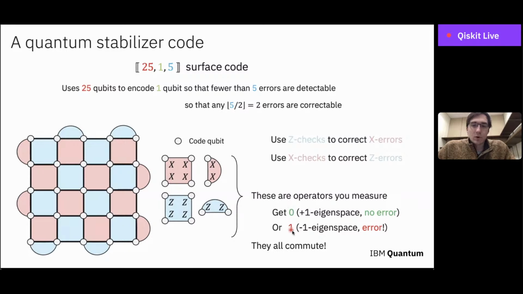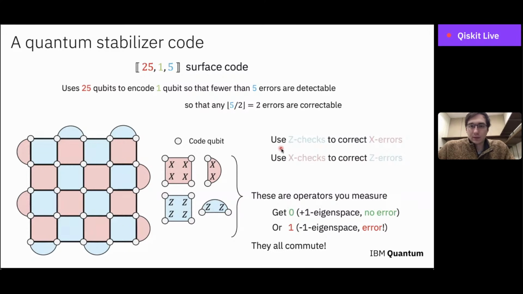And if you get 1 from your measurement, then it indicates that there was some error, and it's the job of a decoder or a decoding algorithm to figure out where that error occurred. Notably here, all the parity checks commute. So that means in quantum language that you can simultaneously deduce the eigenvalues of all of these parity checks.